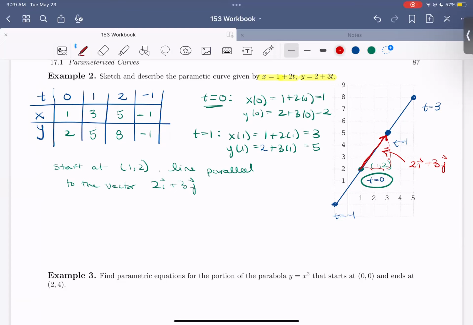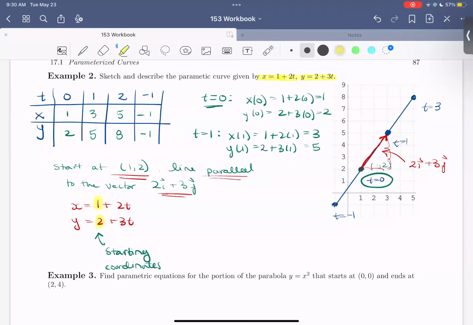Let's notice our equations of our coordinates, x equals 1 plus 2t, y equals 2 plus 3t. Do we see this information about our starting point and our parallel vector? We do, actually. This 1 and 2 describes for us the starting coordinates. And here our 2t, 3t describe that parallel vector.